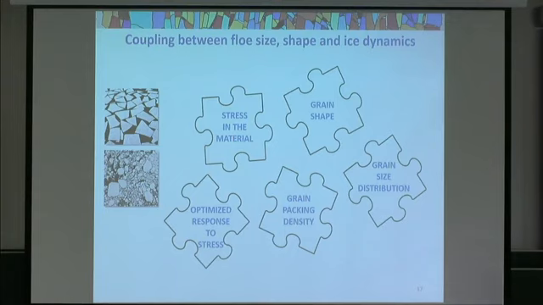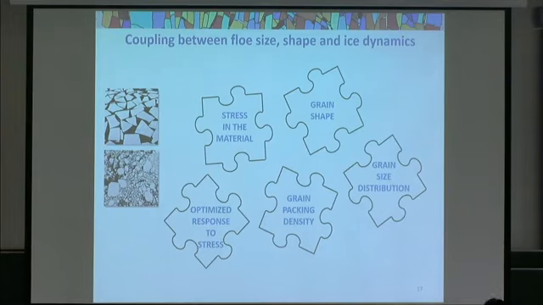The overall idea is to treat the evolution of floe size distribution and floe shapes as a kind of optimization process taking place in response to forcing acting on ice. So this is a different idea to that, for example, of random breaking models, like are used sometimes to explain the observed floe size distributions.